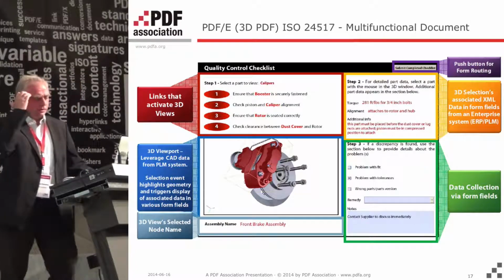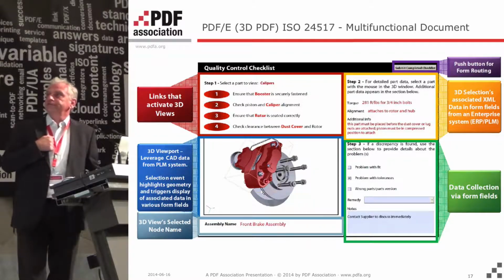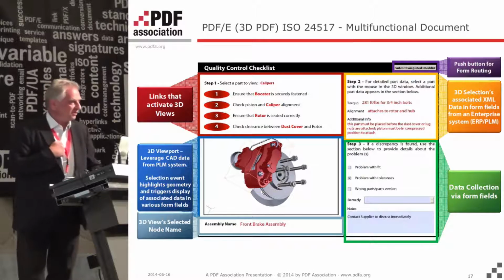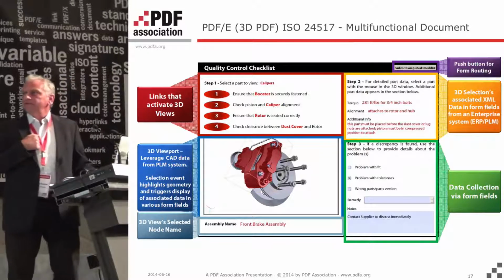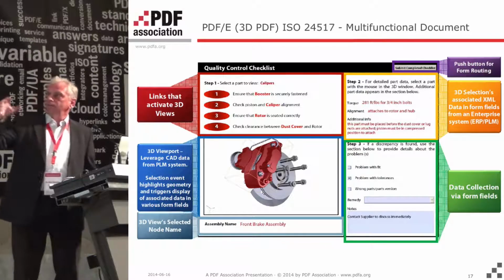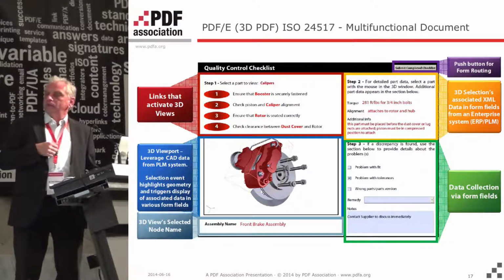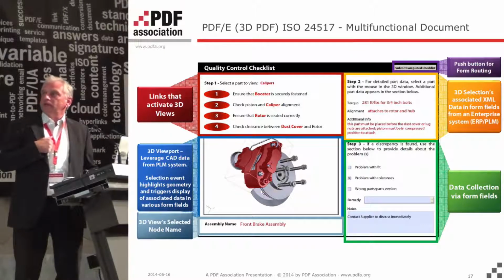Just to show an example of how 3D PDF could look, I'm not sure if this is really a PDF E file, but it's a typical 3D PDF file. In the upper left corner, you could see the 3D content. There's one part marked with some kind of red color. This part has a focus.